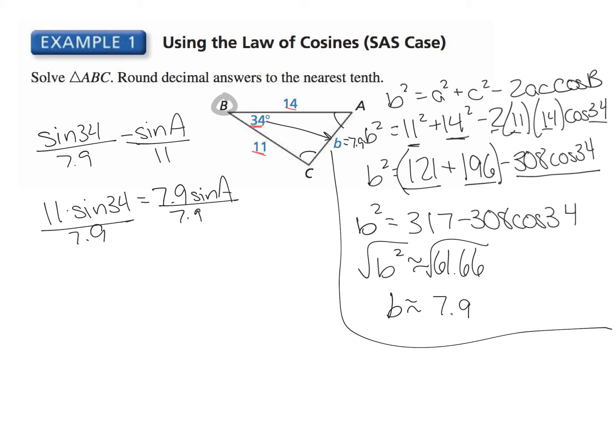All right, then let's see, okay, that cancels out. Let's plug this in. Once again, when you plug it into your calculator, please make sure that you are doing 11 times sine 34, and then dividing by that 7.9. And you should get sine A equals 0.779. Do a couple digits.